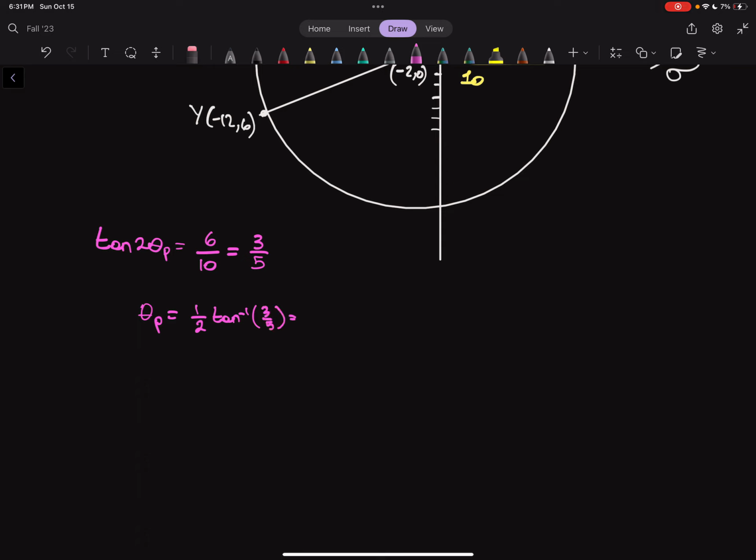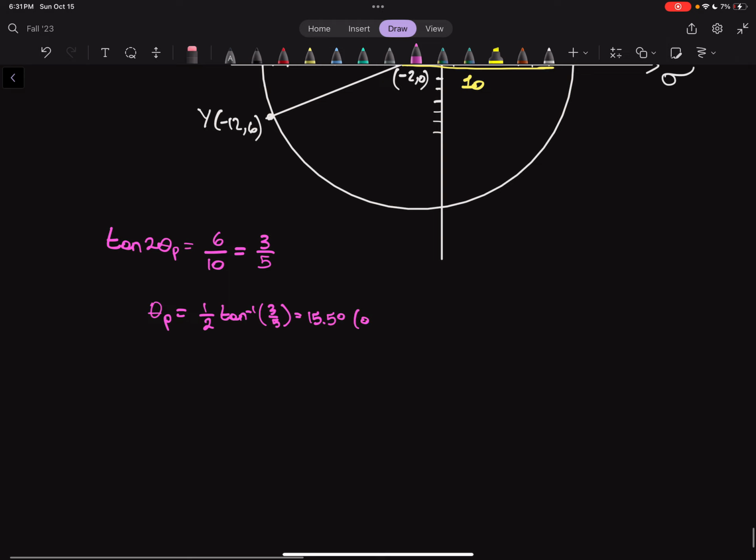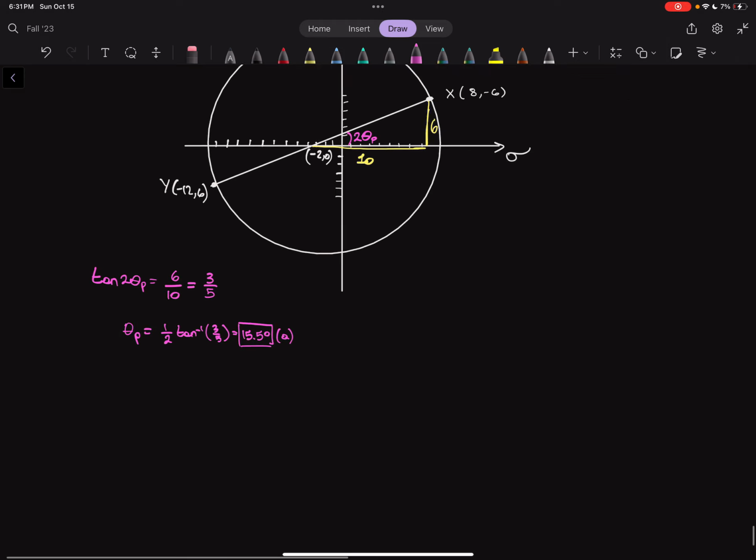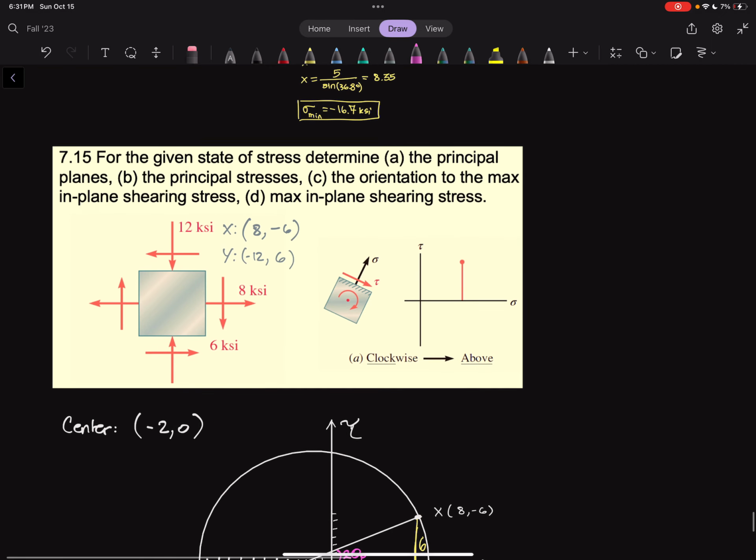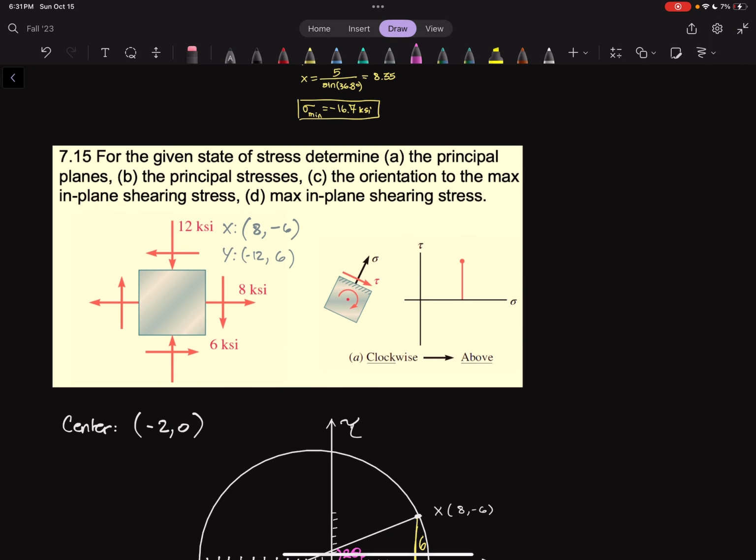So let's do that. 0.5 times the tangent inverse of 3/5. That's going to give us 15.5 degrees. And so that takes care of answer A. So we have to rotate it, and I'll sketch it later. And the principal stresses.